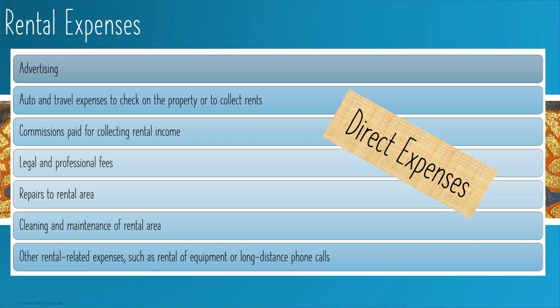Auto and travel expenses to check on the property or collect rents. Commissions paid for collecting rental income, legal and professional fees that are associated with the rental property, and then repairs to the rental area and cleaning and maintenance of the rental area. Again, if it's for that rental area, then it would be direct.